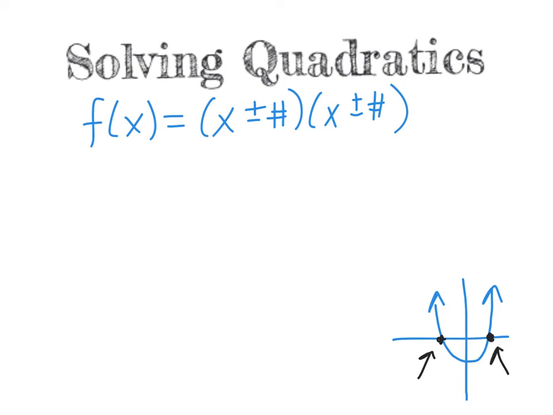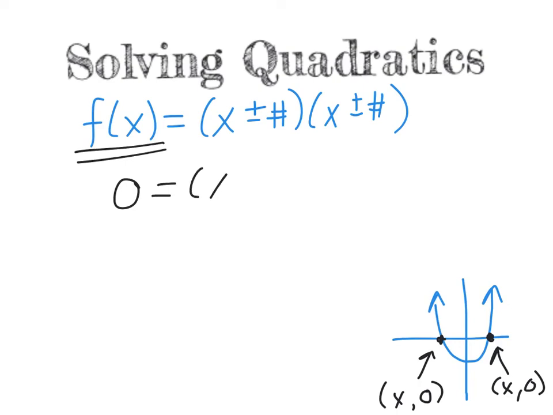And at those 2 locations, whatever the x value is, we know that y is always going to be 0. And at this other x value, the y will also be 0. So what we said is we changed this y value, this f of x, to 0. And then we set each individual factor equal to 0, because we want to figure out when each of these is going to equal 0.